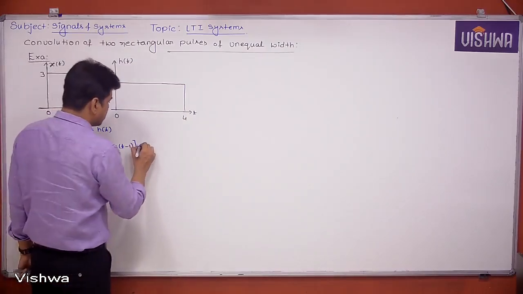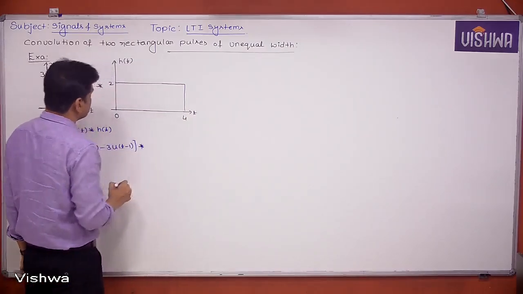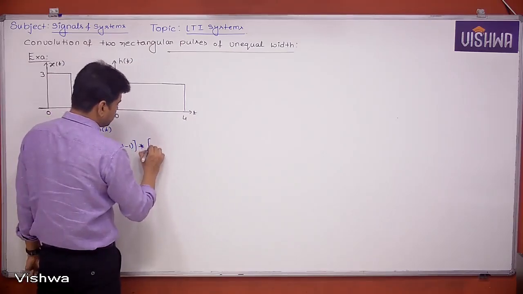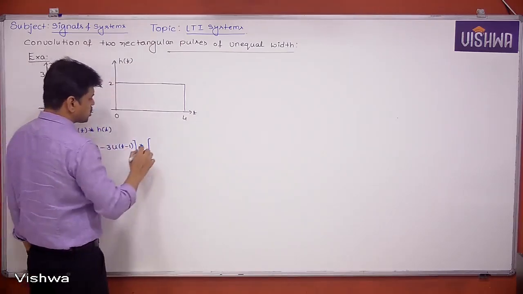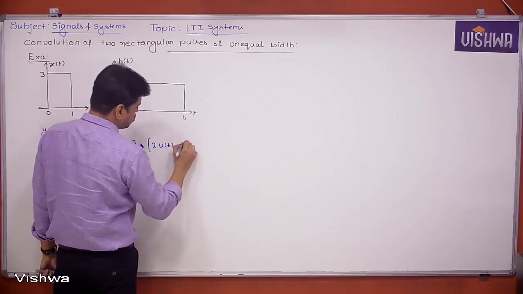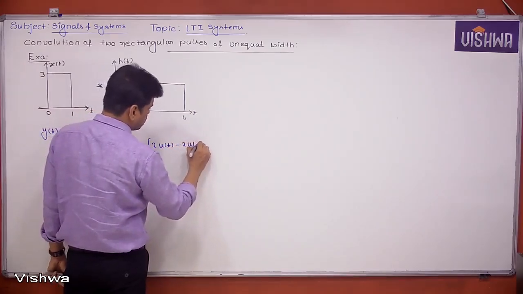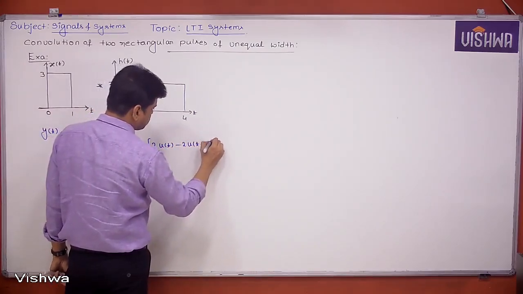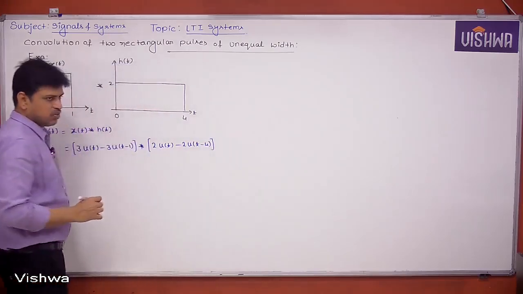Now, if it gets convolved with h of t, what is h of t? At 0, a 2 unit upward jump, so 2u of t. At 4, a 2 unit downward jump, so minus 2u of t minus 4. If these two get convolved, what will happen?